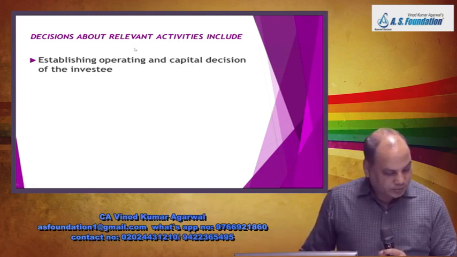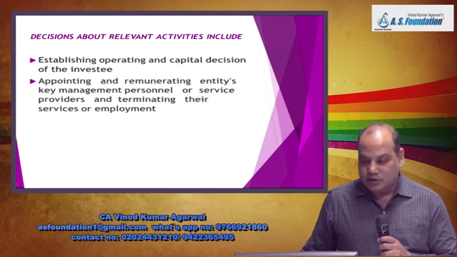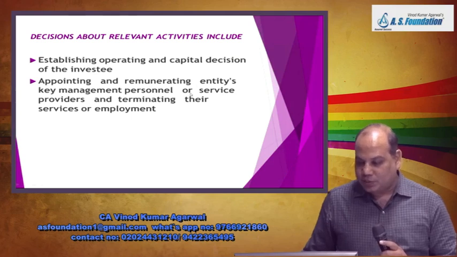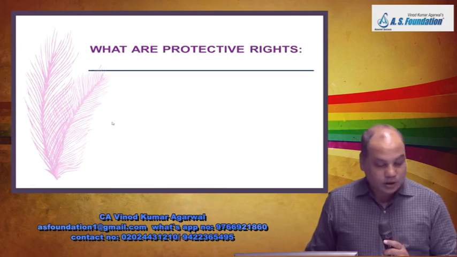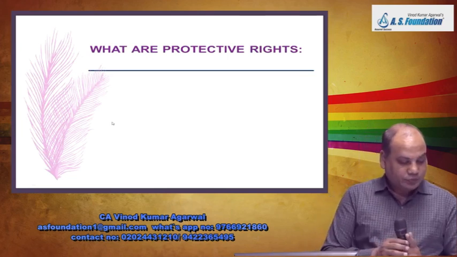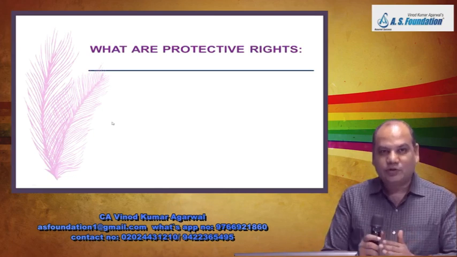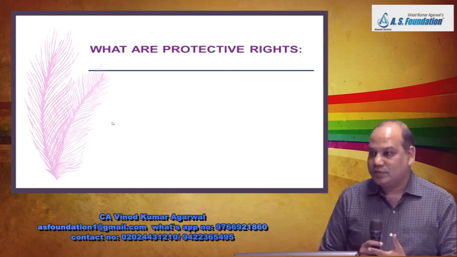Some more examples they have mentioned: establishing operating and capital decisions of the investee, then appointing and remunerating the entity's KMP or service provider, or terminating their services or employment. So these are the examples of relevant activities. The purpose of discussing the theory part is you should have a feeling of how control is exercised.